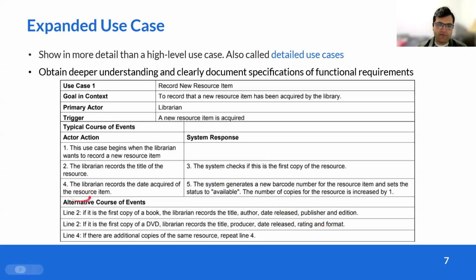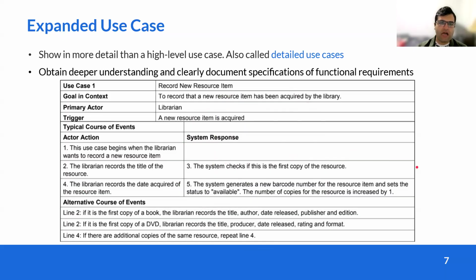And then line four, date acquired of the same resource. If there are additional copies of the same resource, repeat line four. So you record the date again and again for the same resource, and each time the number will increase by one. So now the system developer would know which actions need to be taken.